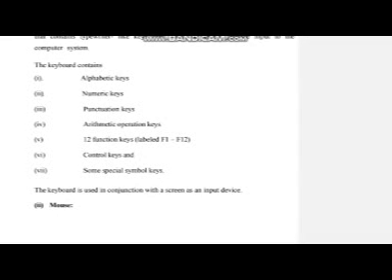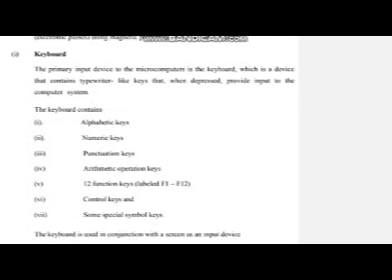Your keyboard contains alphabetic keys, numeric keys, punctuation keys, arithmetic keys, operation keys, 12 function keys F1 to F12, control keys, and some special symbol keys. You can pause this video and rewind if you have things you need to understand immediately. Keyboard, then your mouse, number 2.